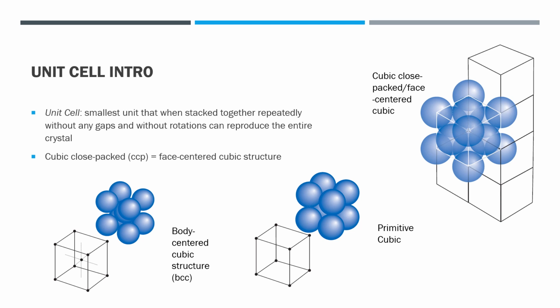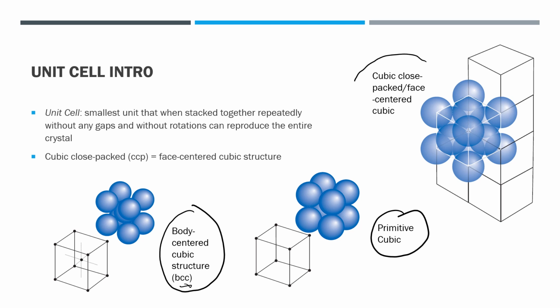We're going to be asked mostly about these three common types: body-centered cubic, which we abbreviate as BCC, primitive cubic, and cubic close-packed or face-centered cubic. Cubic close-packed and face-centered cubic are the same thing. You can write it as CCP for cubic close-packed or FCC for face-centered cubic.